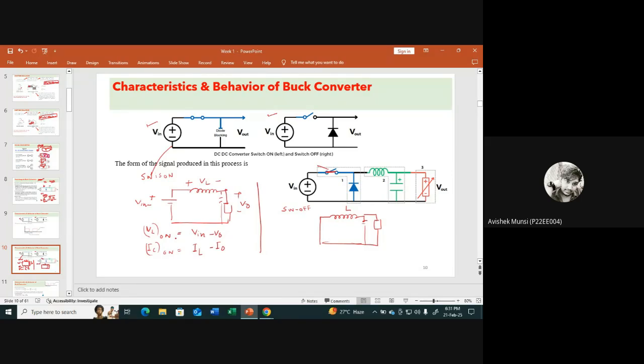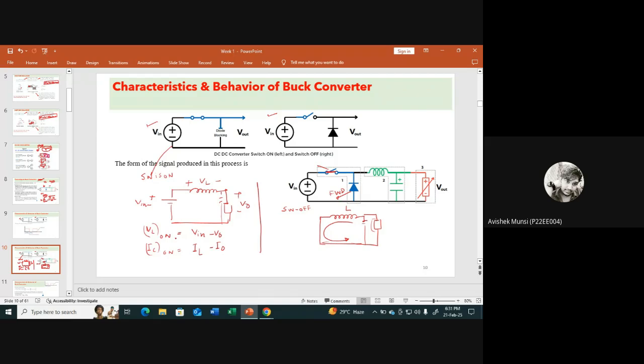When the switch was on, the inductor got charged, and now the inductor energy will freewheel across this diode. So many times this diode is referred to as a freewheel diode. The inductor's stored energy will be discharged across this path to charge the battery and the capacitor, and there will be a definite voltage across the load.